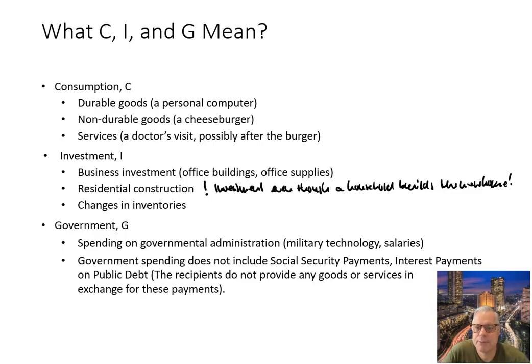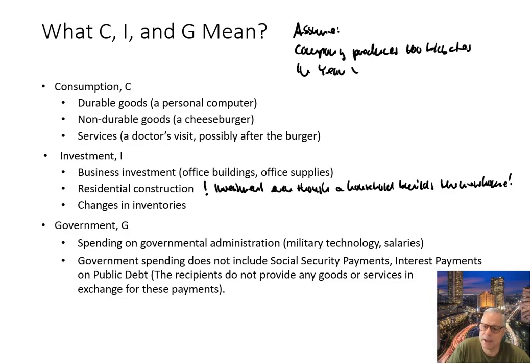That means, for example, assume a company produces, let's say it's a bicycle company, and the company produces 100 bicycles in year X, but it only sells 50 bicycles.